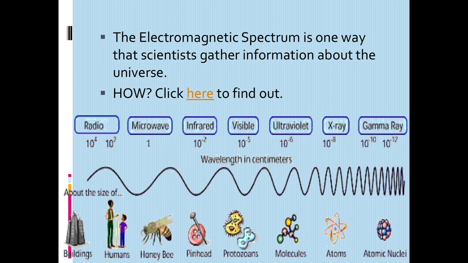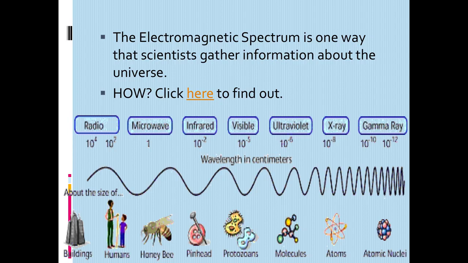And when you're talking about the size of these waves, you can see that radio waves are the size of buildings. Then you go to microwave and infrared, the size of honeybees to pinheads, down to X-rays, the size of atoms, and then gamma rays, the size of the nuclei of an atom.